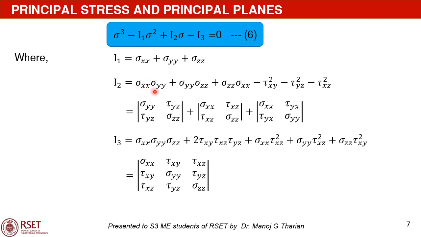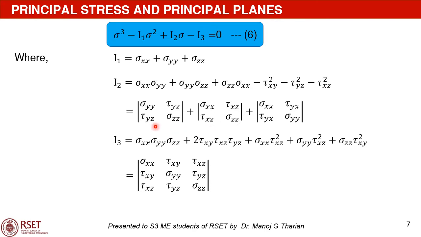I2 is equal to sigma xx into sigma yy plus sigma yy into sigma zz plus sigma zz into sigma xx minus tau xy square minus tau yz square minus tau xz square, which is equal to the sum of the determinants of these three submatrices. It is easy to remember these three submatrices.